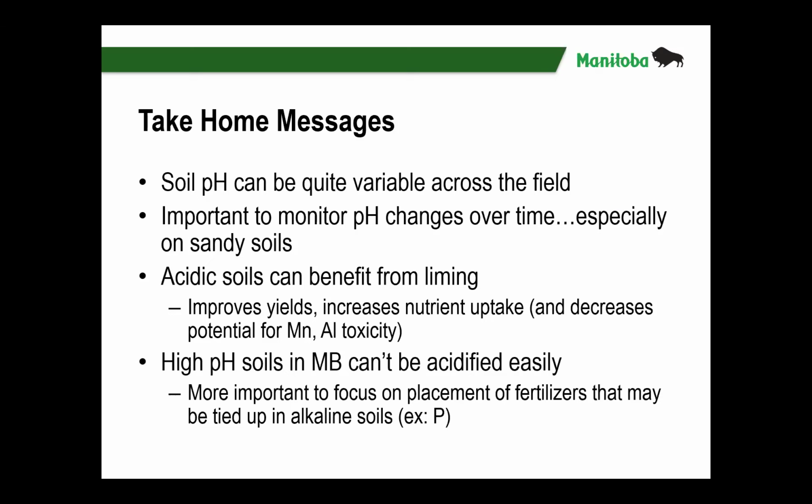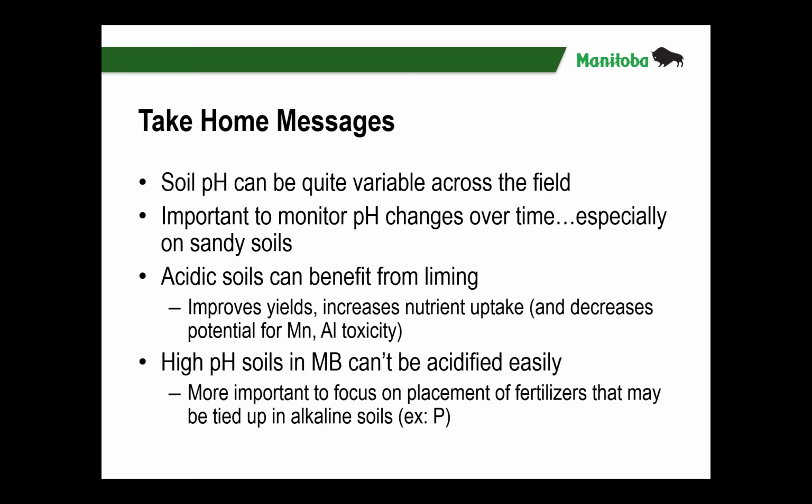Given that, though, acidic soils can benefit from liming, we can improve yields, we can increase nutrient uptake and decrease the potential for some of these toxicities of heavy metals in the soil or in the plant over time. And then on the flip side, when we're talking about high pH soils in Manitoba, we just cannot acidify them easily.